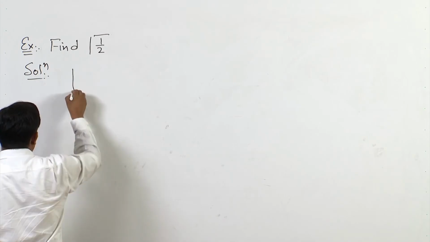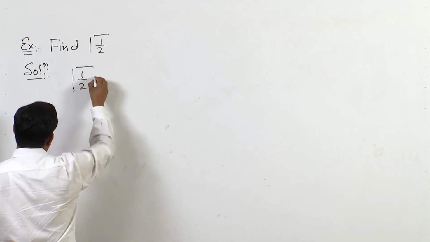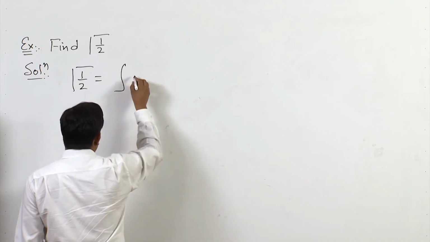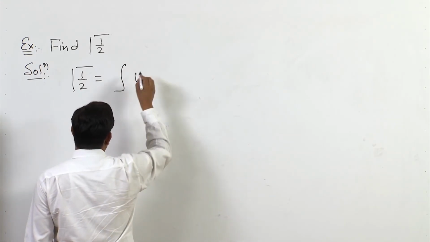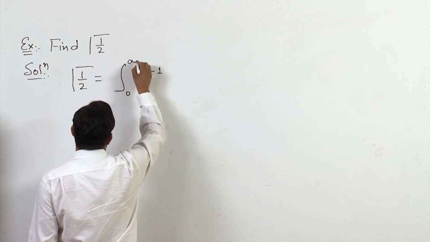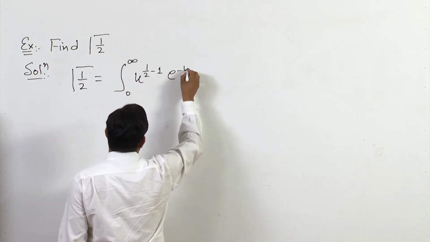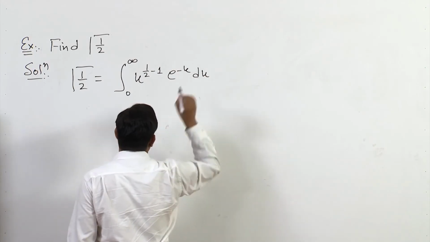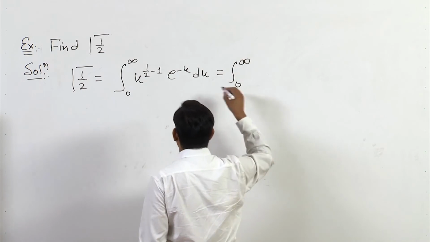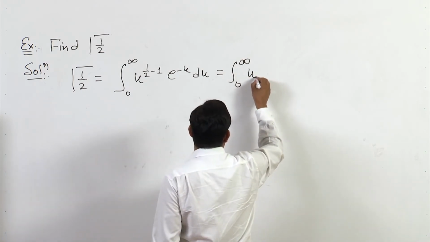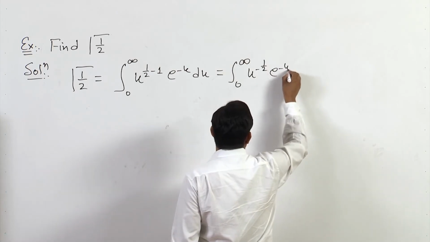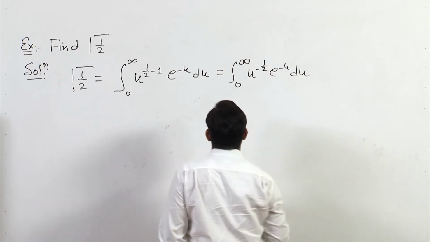We know that gamma half will be, by the definition, the integral from 0 to infinity of u raised to power half minus 1 into e raised to power minus u du. This becomes 0 to infinity u raised to power minus half e raised to power minus u du.